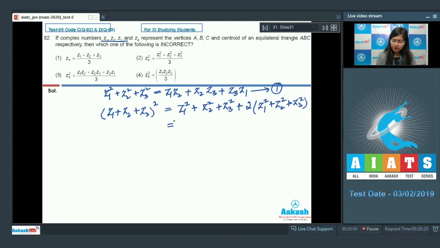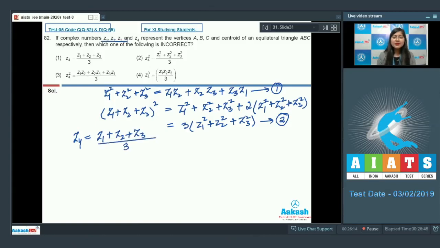So this is equal to 3 times (z1 square plus z2 square plus z3 square). This is the second equation that we get. Also it is given that the triangle ABC has z4 as centroid. So z4 is equal to (z1 plus z2 plus z3) upon 3. Hence from this we can directly see that option 1 is correct.